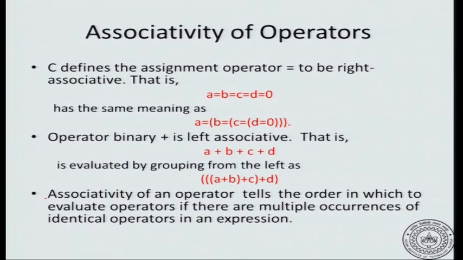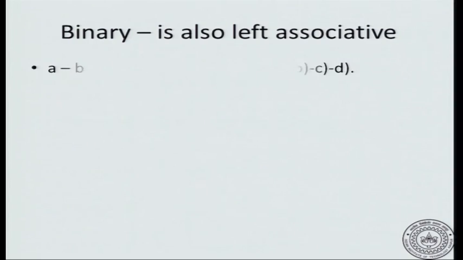Associativity rules tell you that if there are identical operators in an expression, in which order do you evaluate them? Do you evaluate them from left to right? If you do, then it is called a left associative operator. If you evaluate from right to left, as in the case of assignment, then it is called a right associative operator. Binary minus is also left associative.